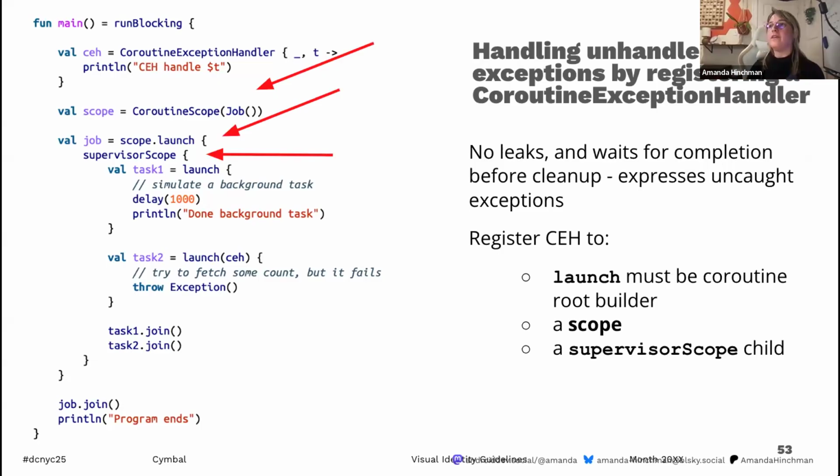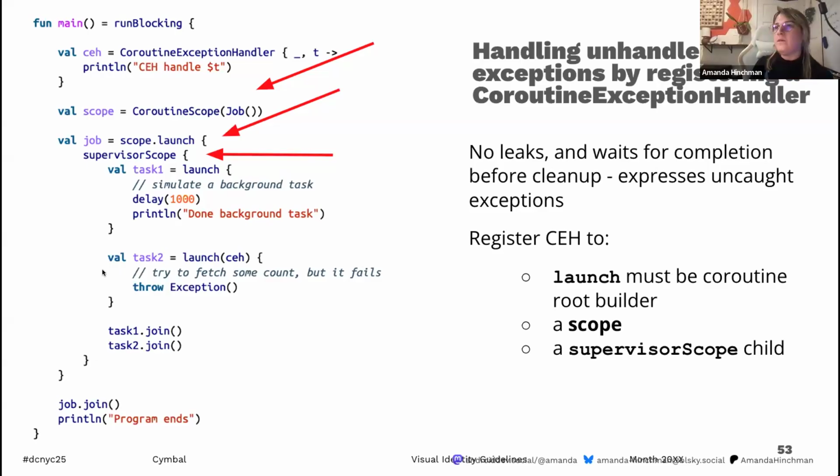Okay, a couple things about this formula for registering a coroutine exception handler. You have your custom coroutine exception handler, and you'll see that we do the scope.launch, and you'll also see that I added this supervisor scope in there. Where did that CEH go? Oh, there it is.